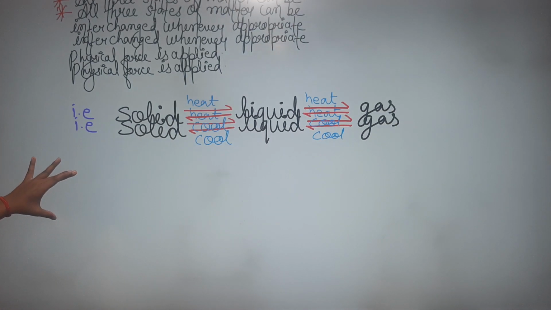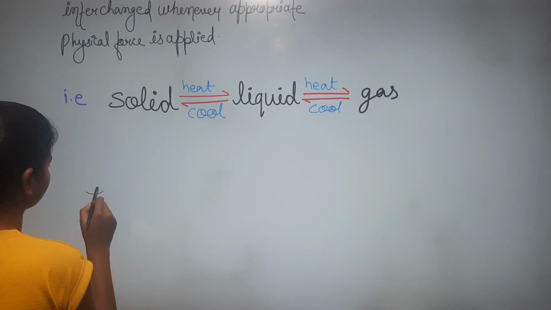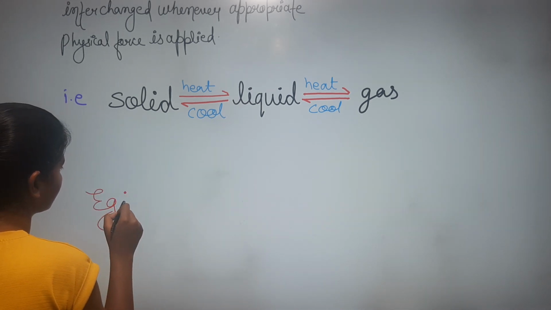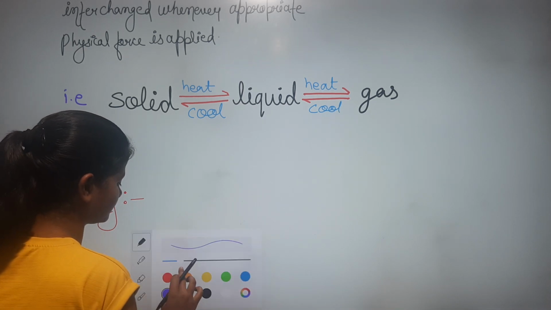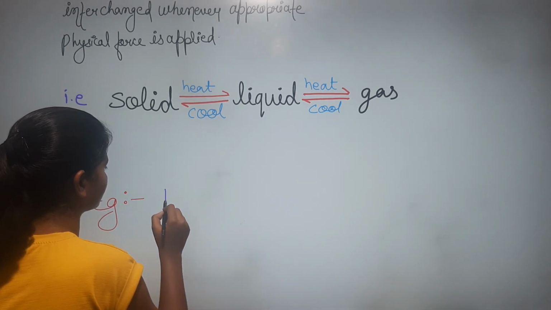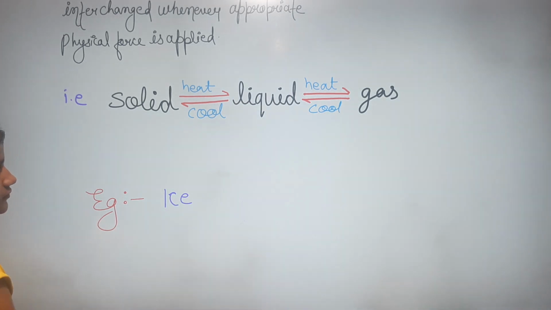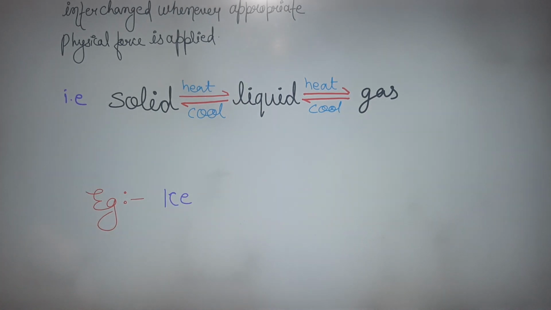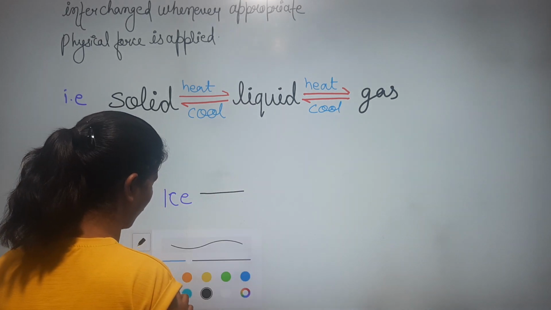For example, ice is in a solid state, and when we heat ice, it turns into water.